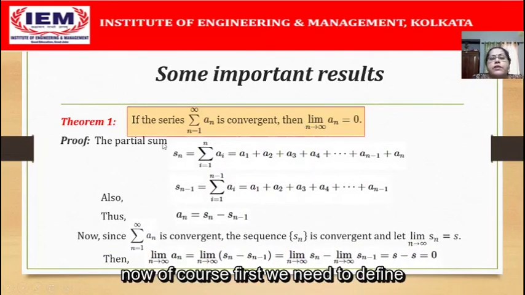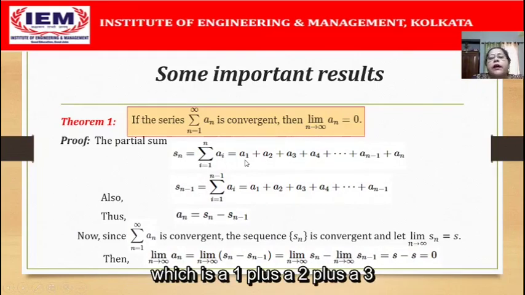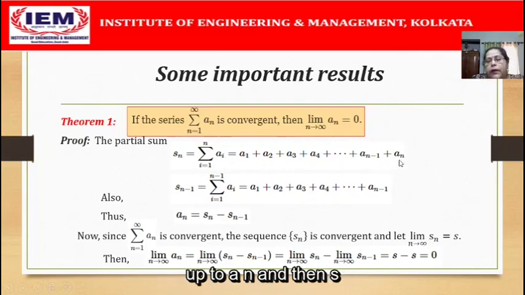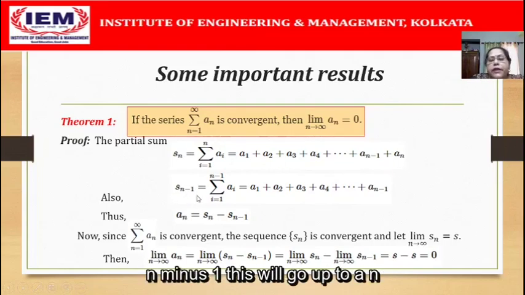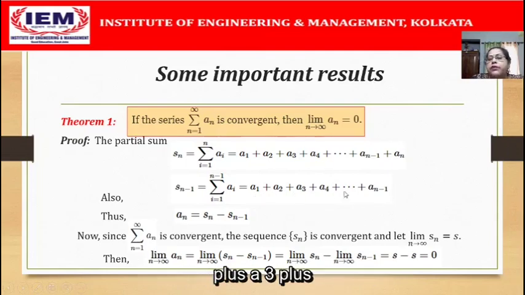Now, of course, first we need to define the partial sum Sn, which is a1 plus a2 plus a3 up to an. And then Sn minus 1 will go up to an minus 1, right? So this is a1 plus a2 plus a3 up to an minus 1.